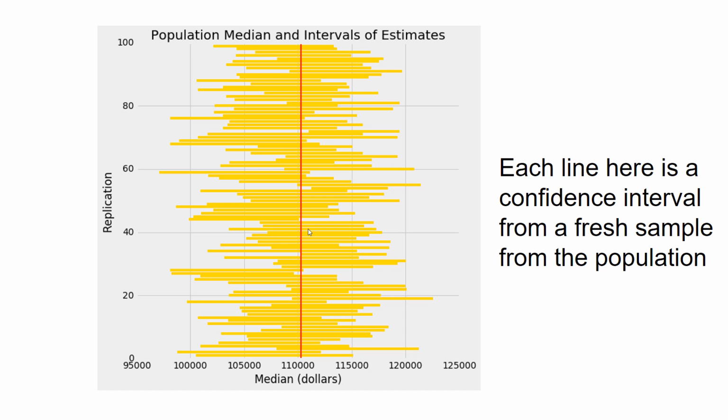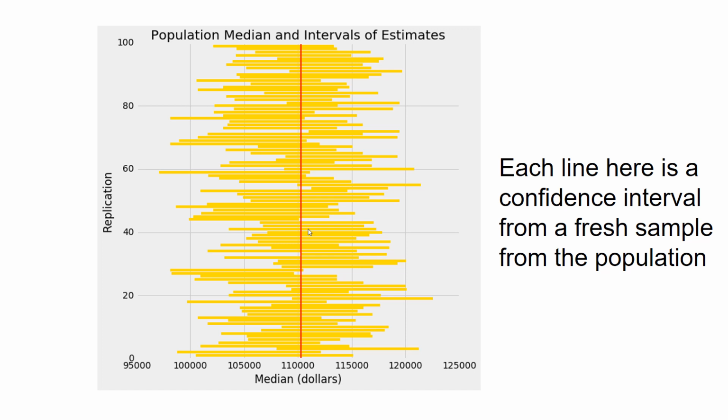So this interval is called a 95% confidence interval. And what that means is that if we repeat that process 100 times, 95% of the time the interval will include the true value of the parameter.